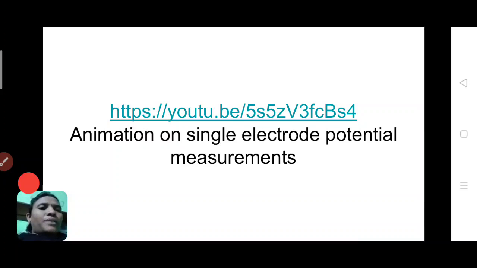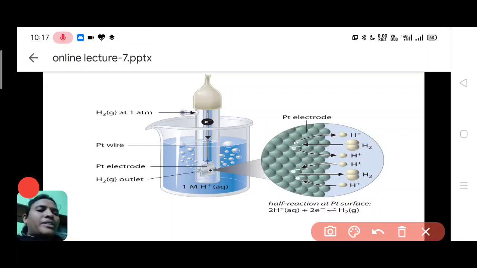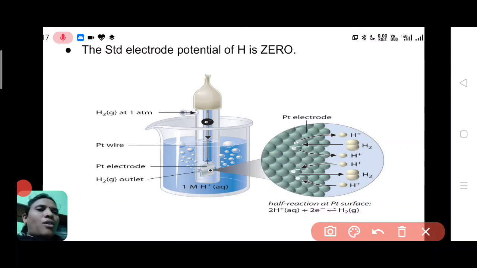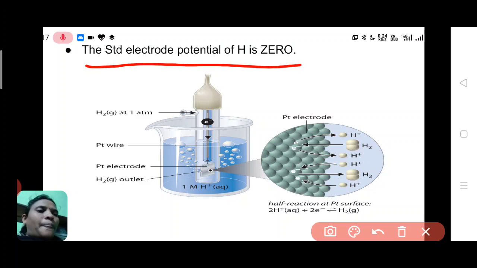So here we have seen the animation of single electrode potential. So now see, what is the single electrode potential of hydrogen? The single electrode potential of hydrogen is always considered as 0. So this is a standard hydrogen electrode.